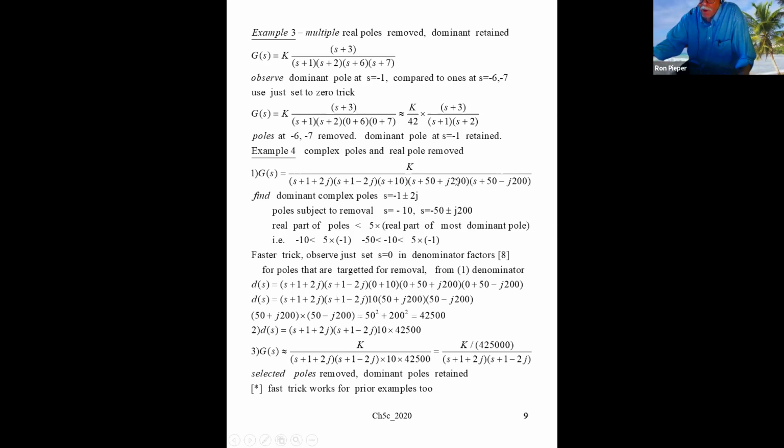So we've got a bunch of poles in the denominator, and the argument would be that we can identify the ones that we can throw away. Now, based on our guideline, can you see which ones can possibly be thrown away?